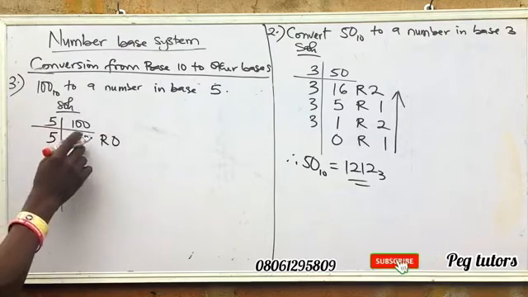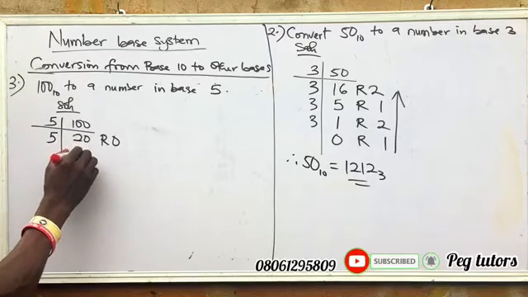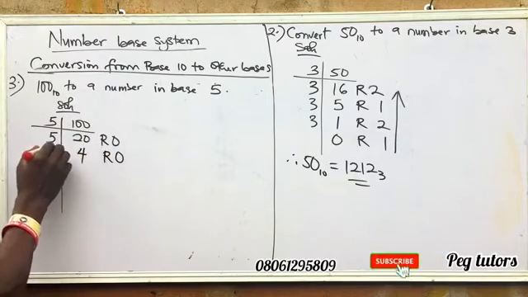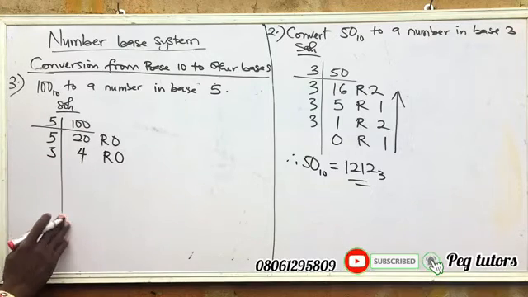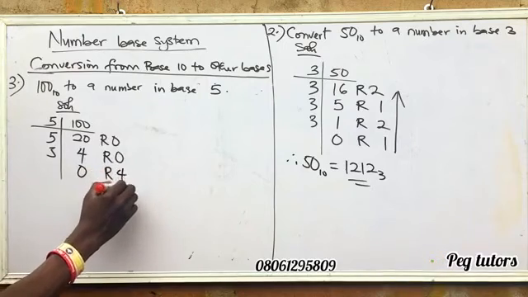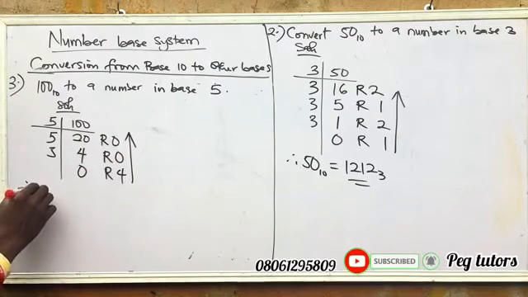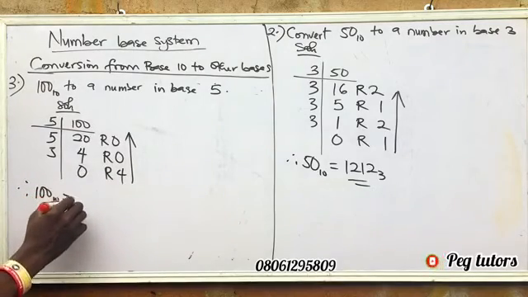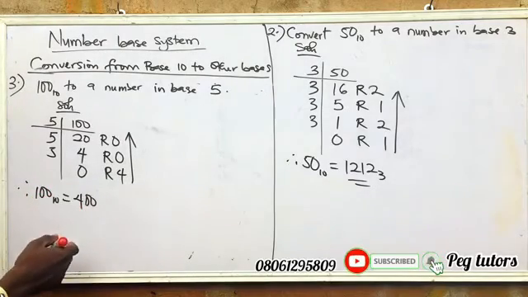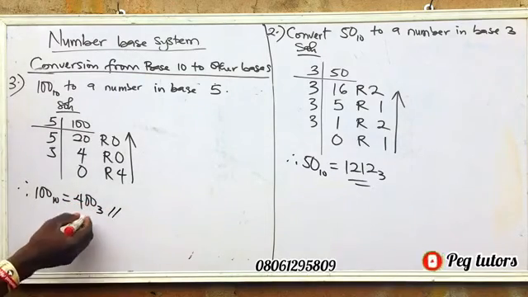So 5 into 20, that will give you 4, remainder 0. Then 5 into 4, 5 cannot go into 4, so just put it 0, remainder 4. Take it upward, and you can say therefore 100 in base 10 would give you 400 in base 5. That is our answer.